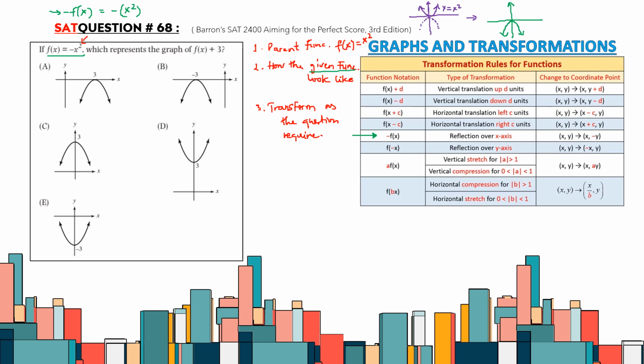Now we transform one more time. From f of x, we become minus f of x. Now we do minus f of x, then we add 3.